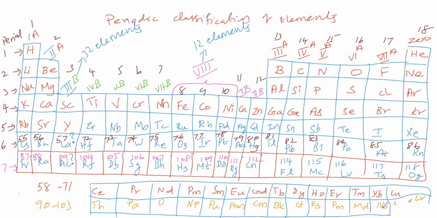Now we will take any one element. Suppose we are taking sodium. The atomic number of sodium is 11. Its electronic configuration we will write: 1s2, 2s2, 2p6, then 3s1.